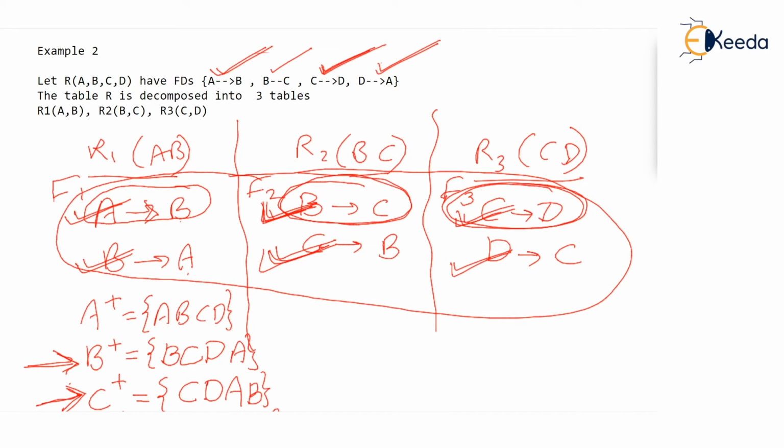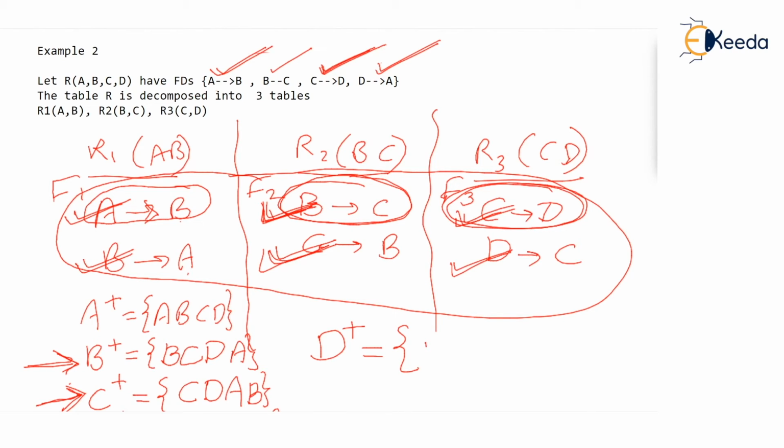So you can use the inference rules, but my best way is that I find D closure. And this time I will find D closure on the union of F1, F2 and F3, because I want to know whether D determines A is recognized by these new dependencies, which are defined by R1, R2, R3. So what is D closure going to contain?